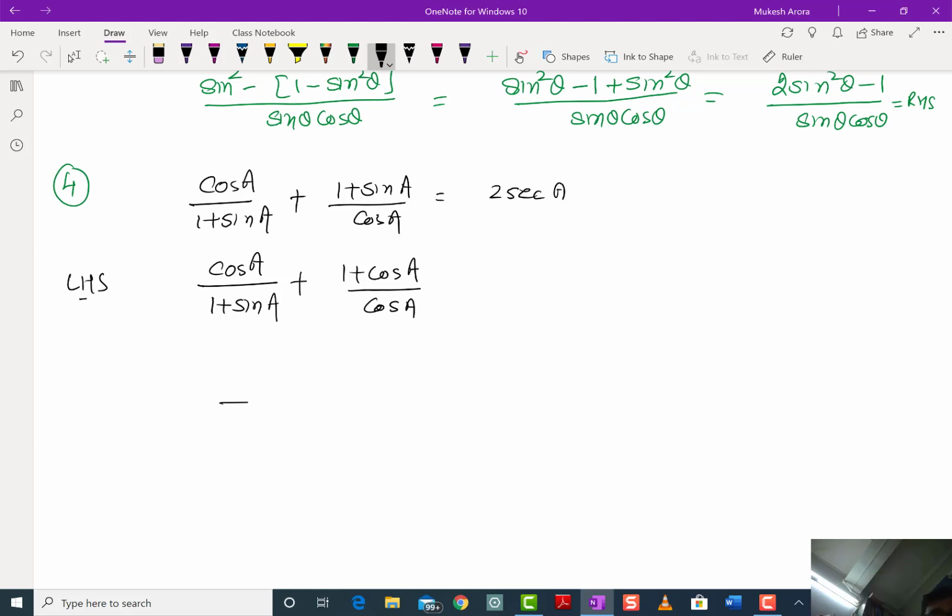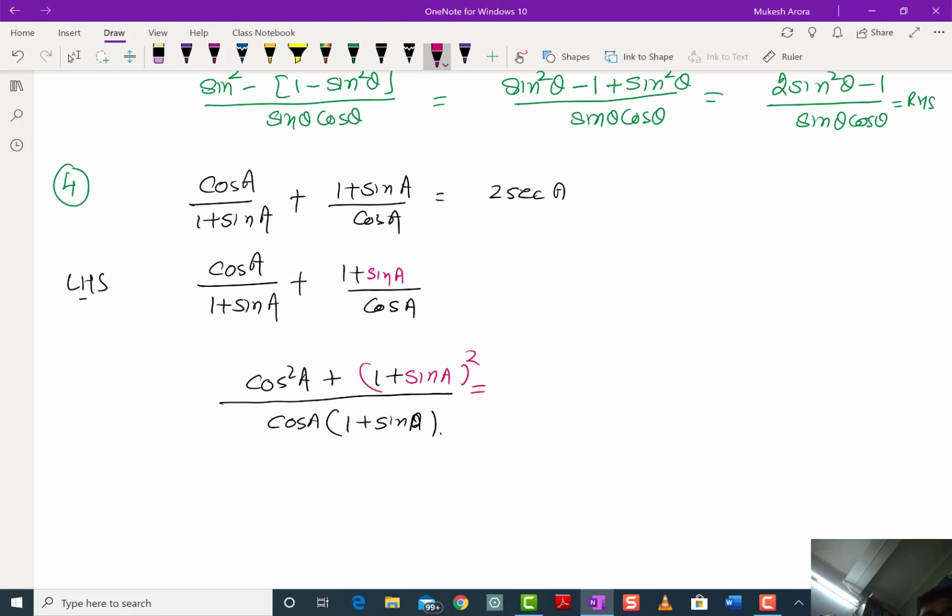Then we will take the LCM, because these are the two fractions: cos A into 1 plus sine A. So the cos is divided. This will be cos square A plus (1 plus sine A) whole square.